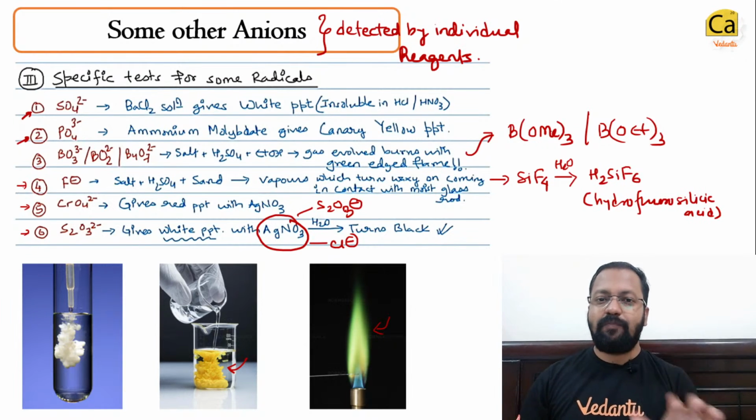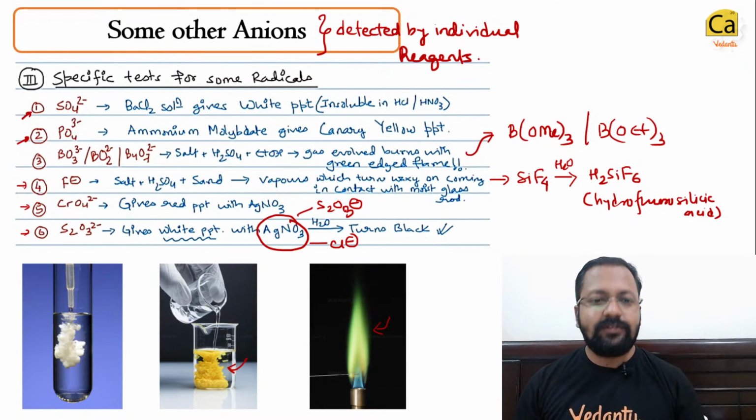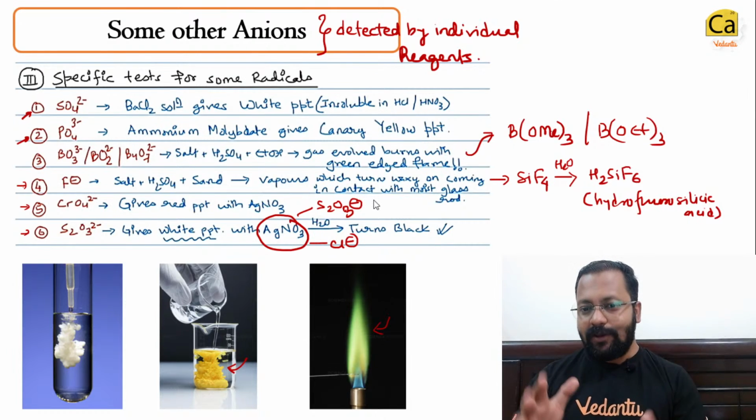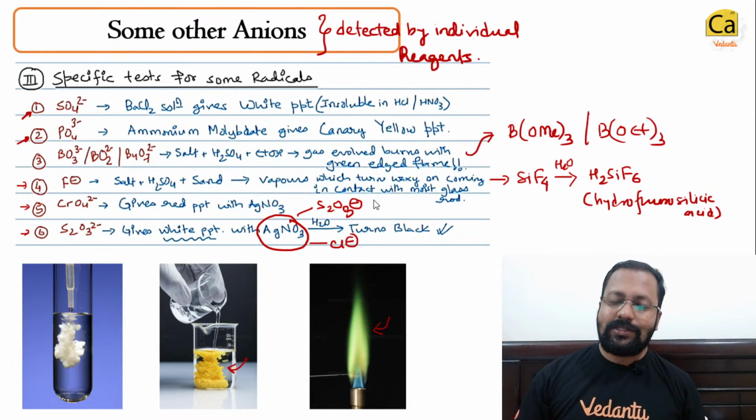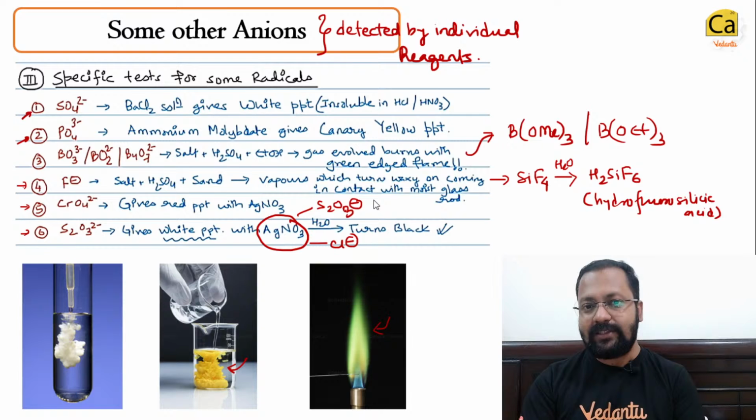Okay, the sample which is present will turn black. ये chloride के केस में नहीं होता है, ये thiosulfate के केस में होता है. Clear? So with this we cover all the anions which are to be studied for the JEE examination as well as for the NEET examination.